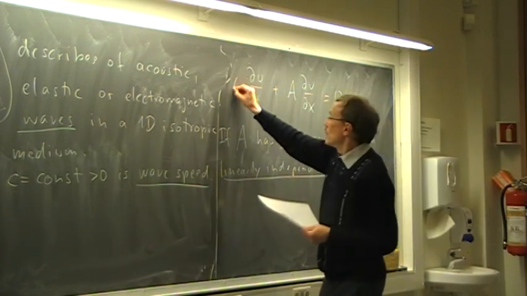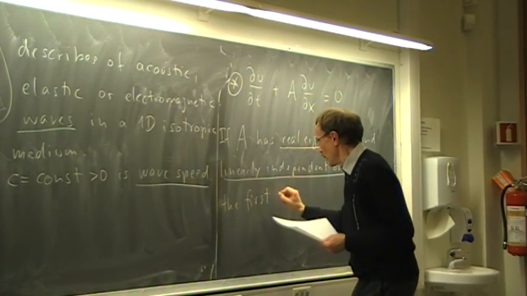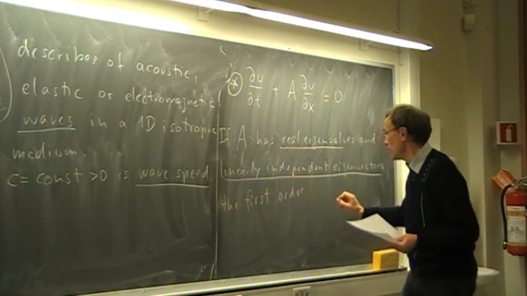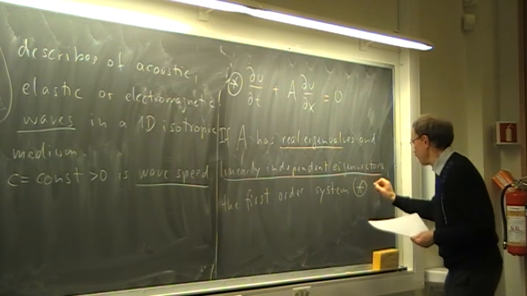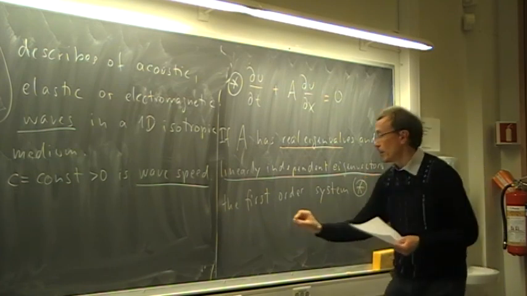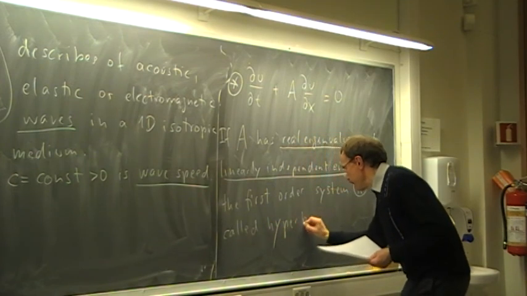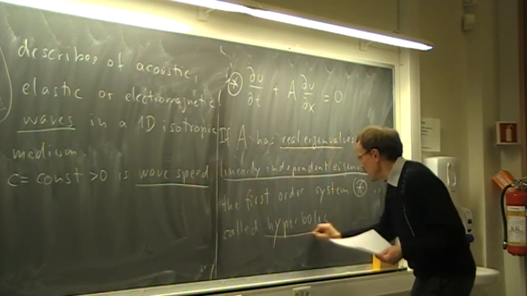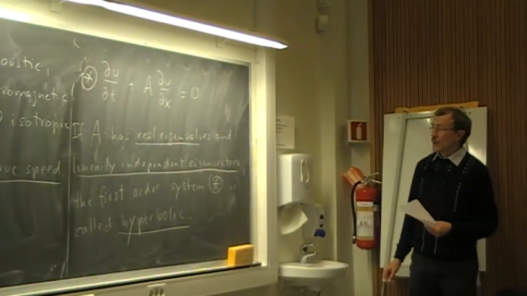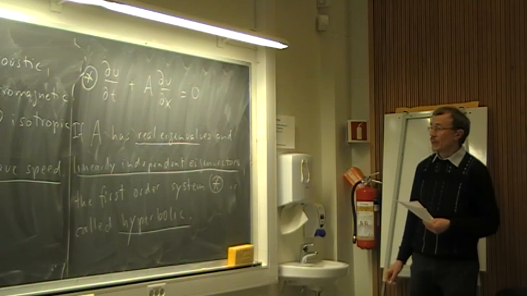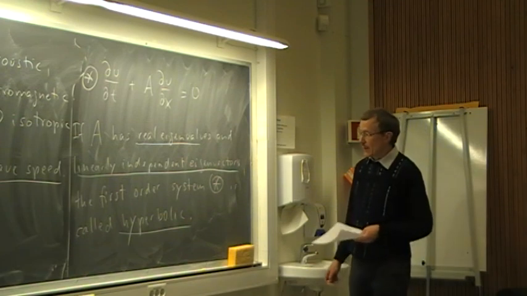the first order system, for which we have not yet had a classification, is called hyperbolic. Then it can essentially be reduced, with a constant matrix, to linearly independent ODEs that we can solve very easily.